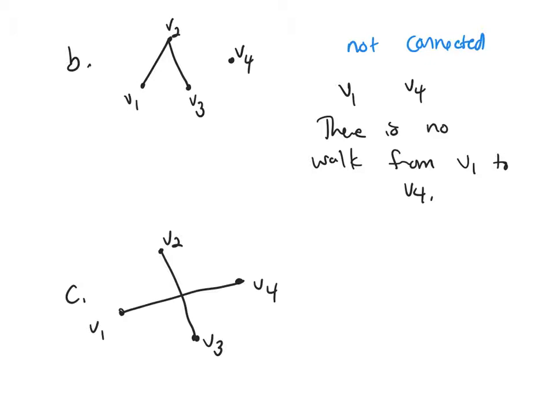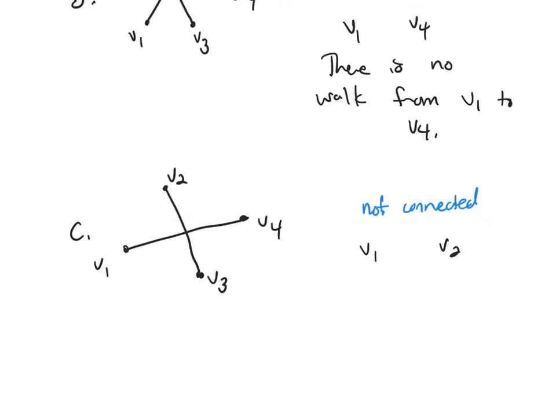So this graph is also not connected because if I look at either vertex 1 or vertex 4 and then either vertex 2 or vertex 3, there's no walk from V1 to V2.